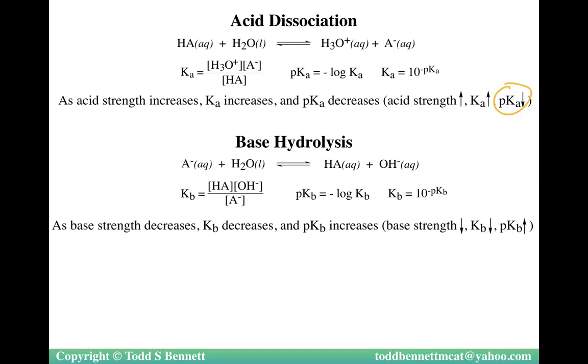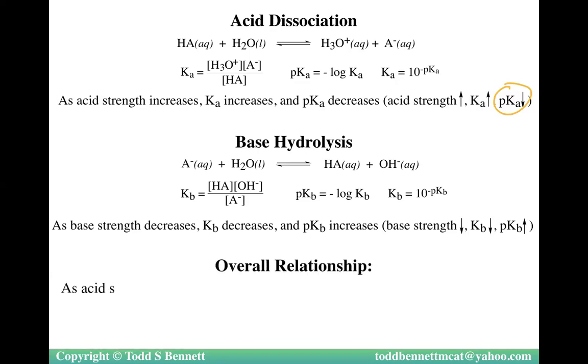The consequence is that for a conjugate pair like HA and A minus, pKa and pKb operate in opposite fashions. If one goes down, the other goes up. That is because they equal a constant. So pKa plus pKb, again, at 25 degrees will equal 14.